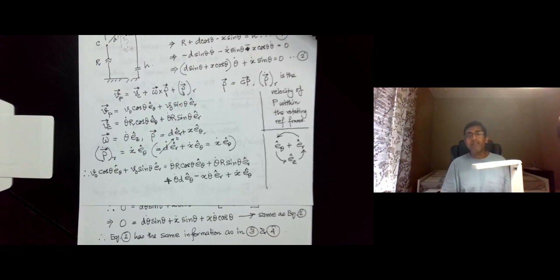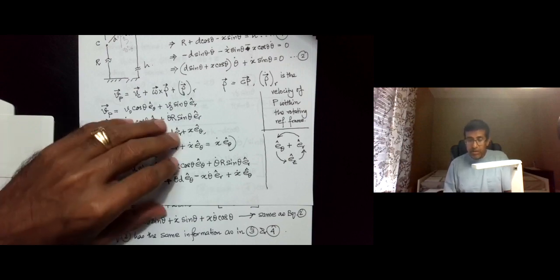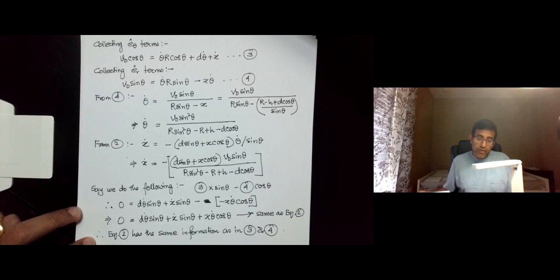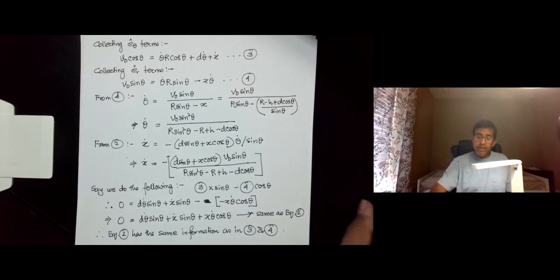So hence we have also verified that indeed the x dot velocity that we would have calculated if we used equation 3, for instance, would have given us the same answer, right? Because indeed the same information is captured in 3 and 4 as in 2.